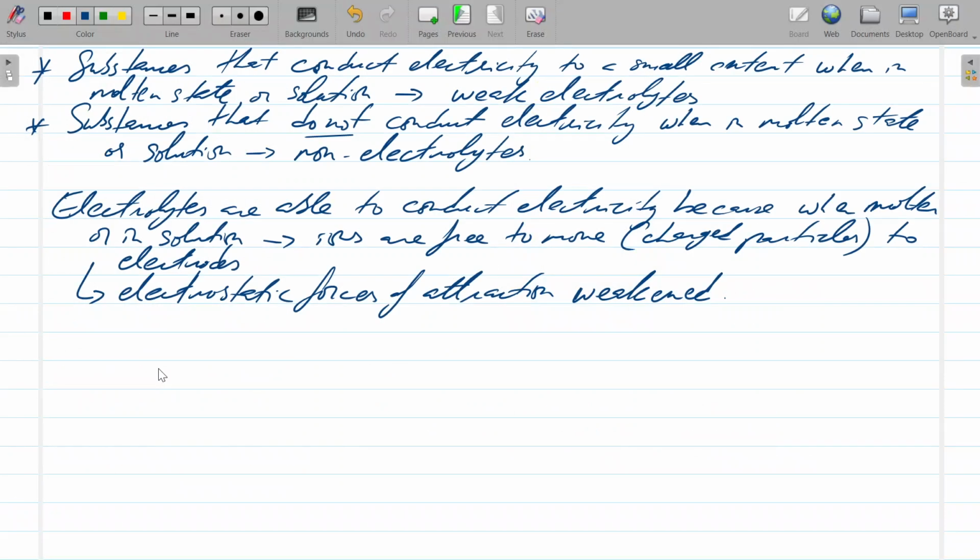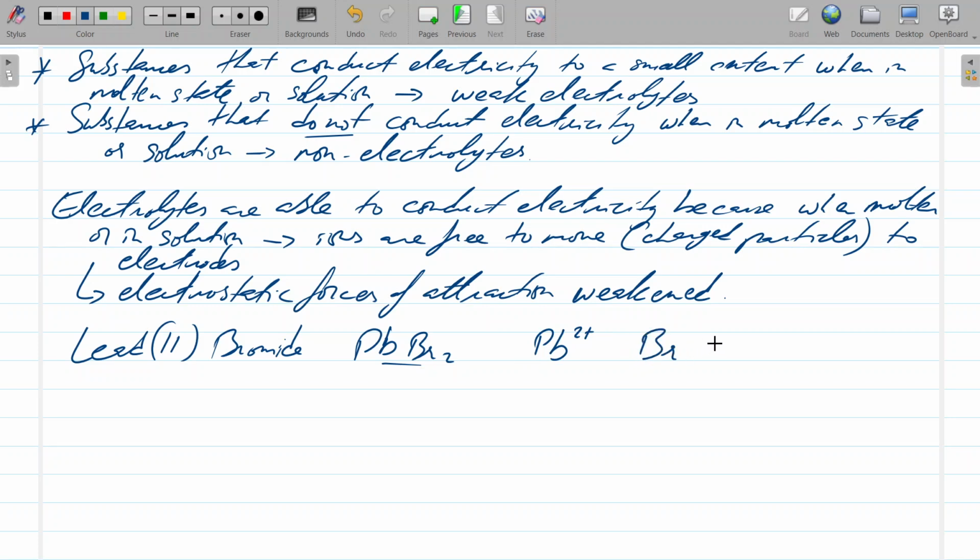if you go to the whiteboard, lead bromide is Pb, that's lead, and Br2. And so what you have over here are basically the lead ions, which are Pb2+, and the bromide ions, which are Br−.